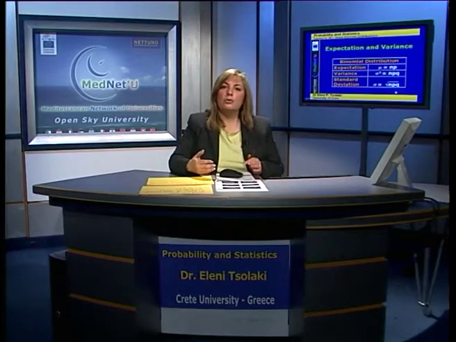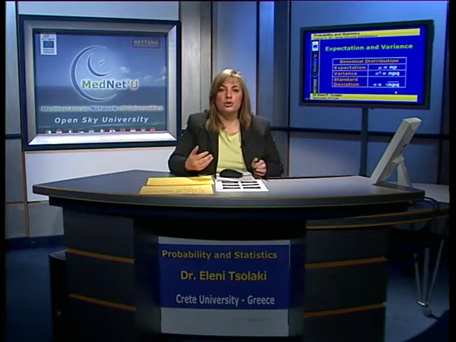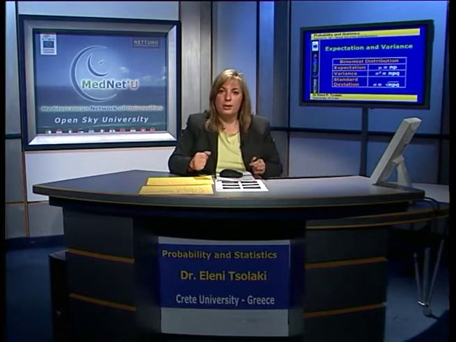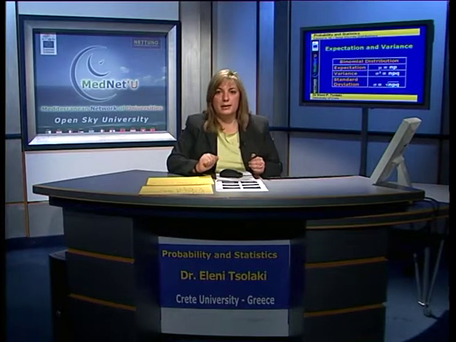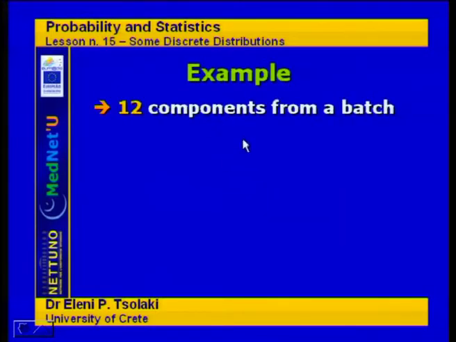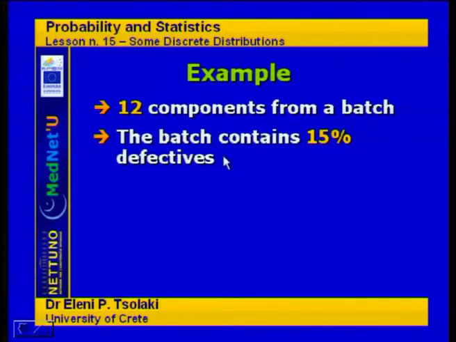We are going to use the binomial distribution to calculate probabilities, see how things we know about the binomial distribution can be used in order to calculate very easily probabilities we are interested in. So, we have 12 components from a batch. Now we have the information that the batch contains 15% defectives.